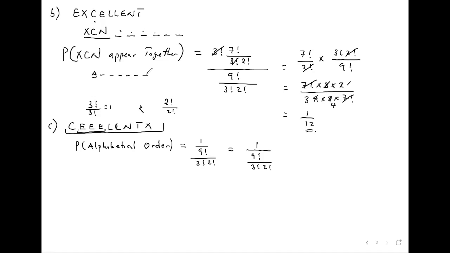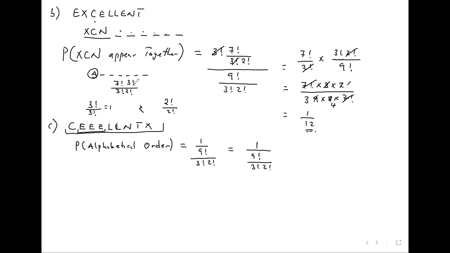Meaning we have 7 factorial. Now in the 7 factorial, we have E that repeats, so 3 factorial. We also have L that repeats, so 2 factorial. Now this A here can be in any order, meaning that as we are switching it, it will also be bringing impact if you change from X, C, N to N, C, X. So we calculate how many ways it can affect.